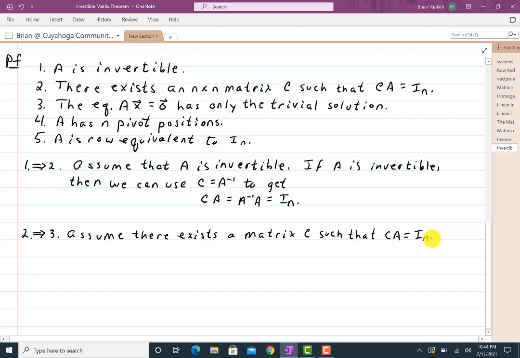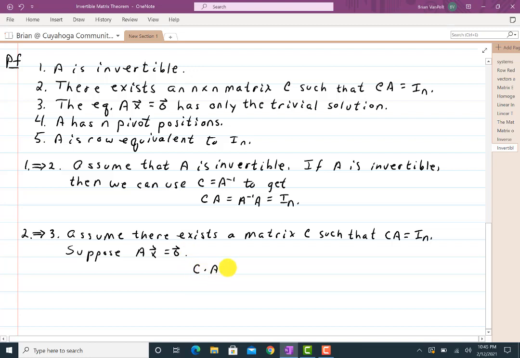And we want to prove then number 3, which is the equation AX equals 0 has only the trivial solution. So suppose AX equals 0. What I'm going to do then is multiply both sides by C, the one that I know exists.